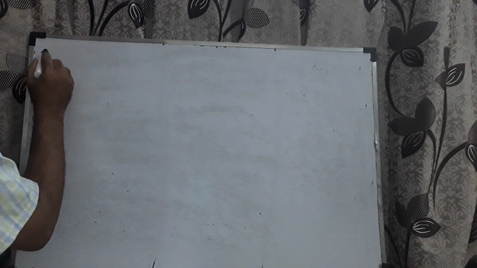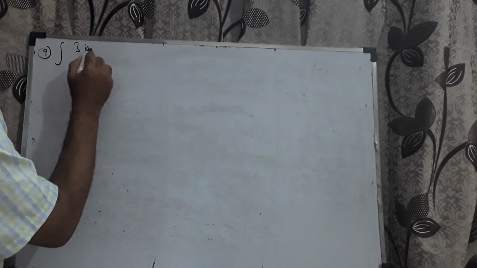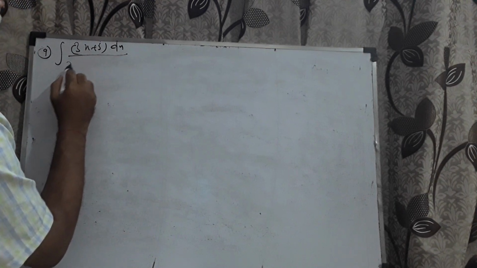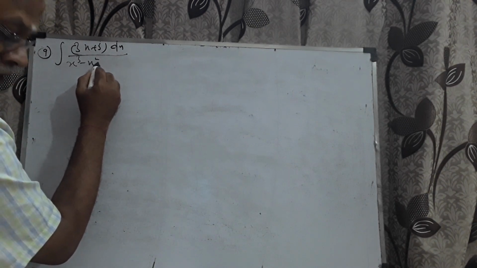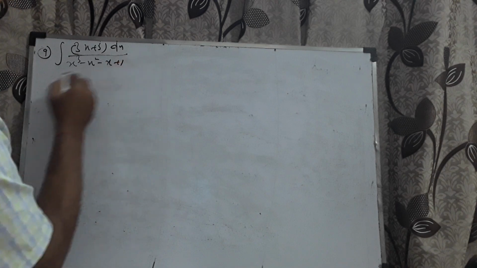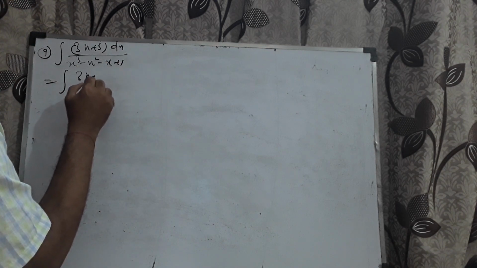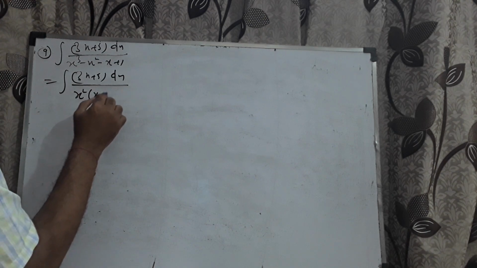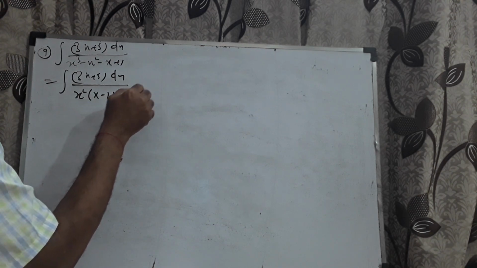The 9th problem: integral of (3x+5) dx divided by x cubed minus x squared minus x plus 1, which will be the integral of (3x+5) dx divided by x squared into (x-1) minus 1 into (x-1).